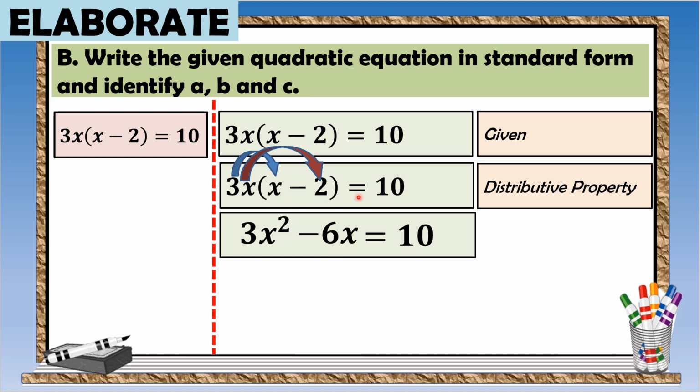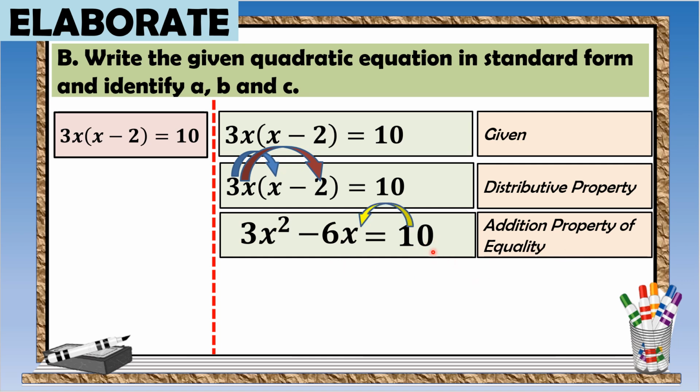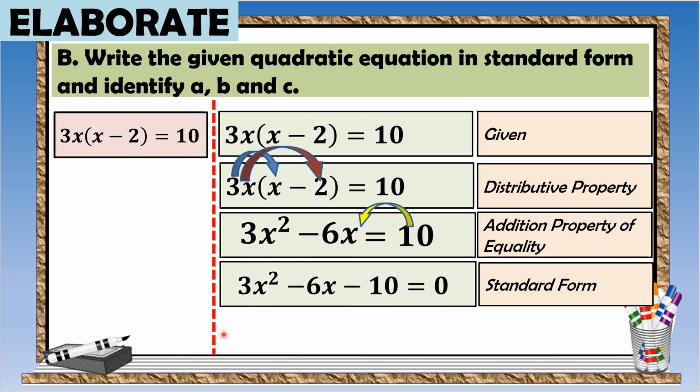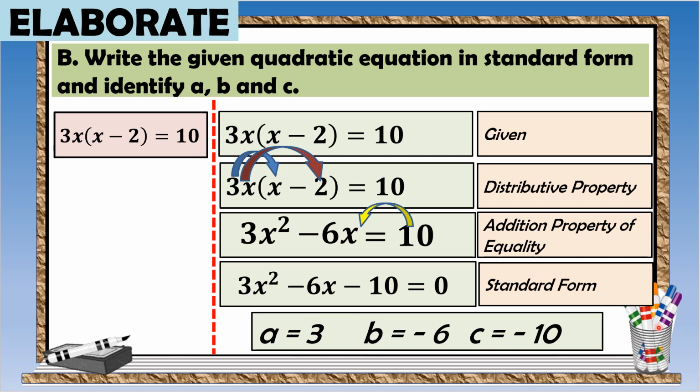Then just write equals 10. Now use the addition property of equality. Positive 10 on the right side becomes negative 10 on the left side. Therefore, the standard form is 3x squared minus 6x minus 10 equals 0.